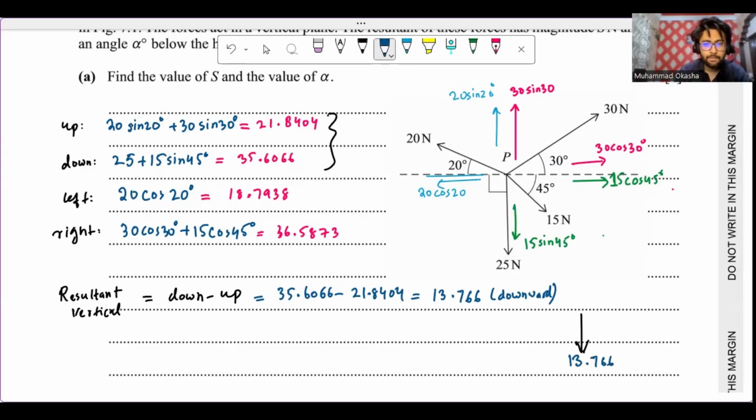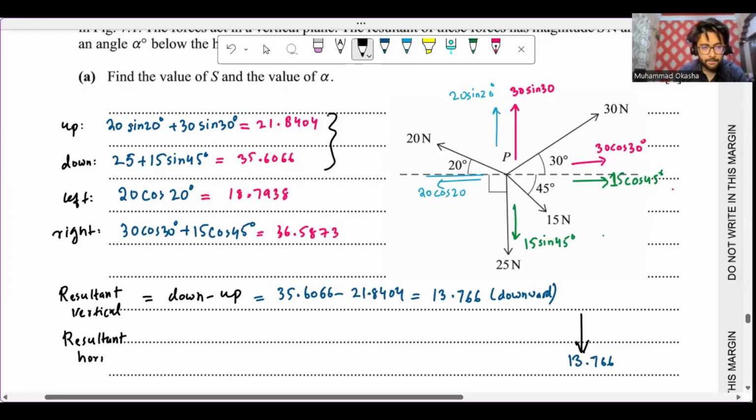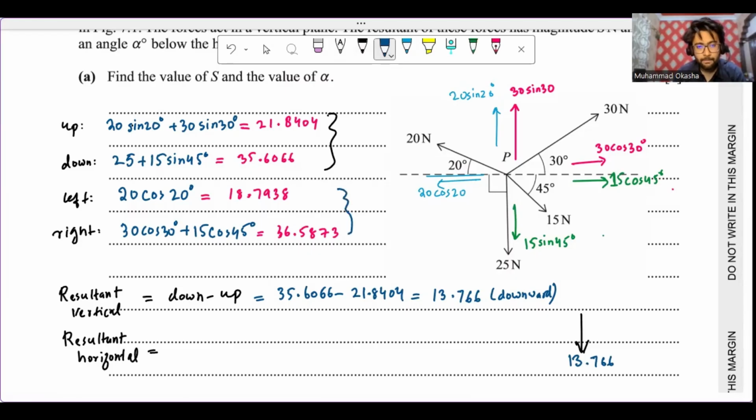Let's work out the resultant horizontal. Take a look at the horizontal forces. By horizontal forces, I mean the left and right. Which one is bigger? I think forces on the right is bigger than the force on the left. So I'm going to do right minus left.